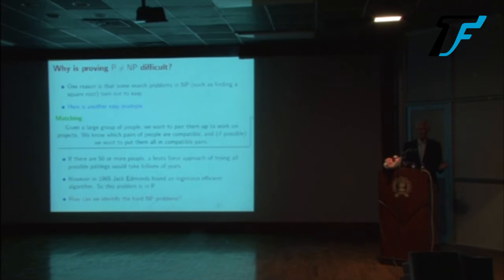But it turns out that the same Jack Edmonds who posed the problem P proved that there is a very efficient algorithm for solving the matching problem. That's not at all obvious how to do. So some NP problems turn out to have easy solutions, and some apparently don't.